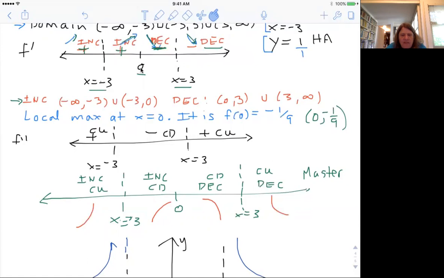Between -3 and 0, we had increasing and concave down still. So that's increasing, concave down. Finally, to the left of -3, I had increasing and concave up. So this is increasing, concave up.